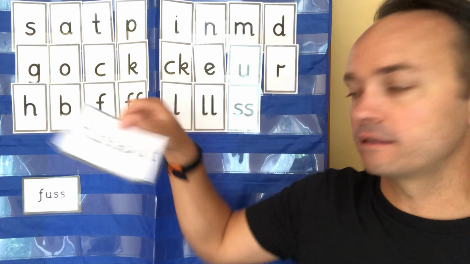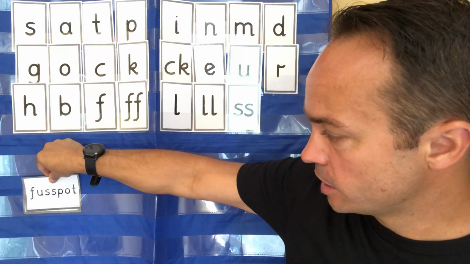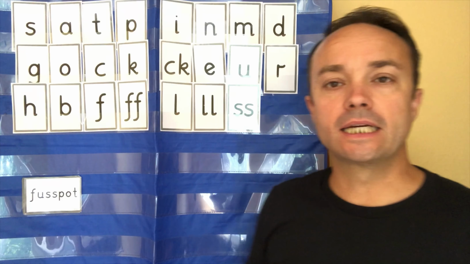So that's a way of scaffolding the child to read the word fuss pot. So check what words you've got, teach them in the right order, and it's not a test. Always remember, we're teaching, it's not a test, we're not testing.